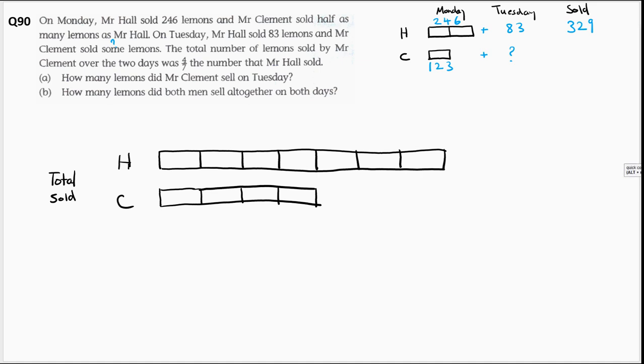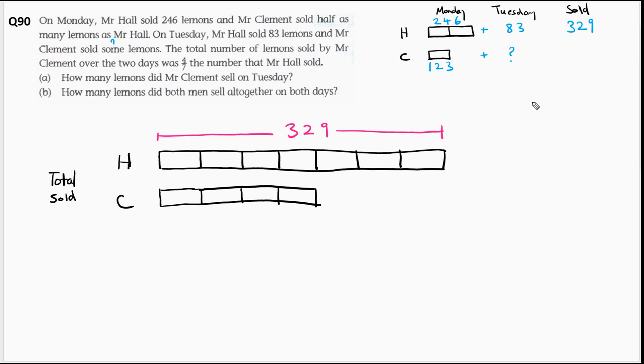Okay, so let's put that in here. And we can see that this 329 is split into these sevenths. It's these 7 equal parts.